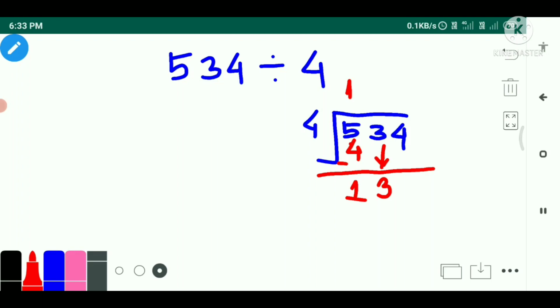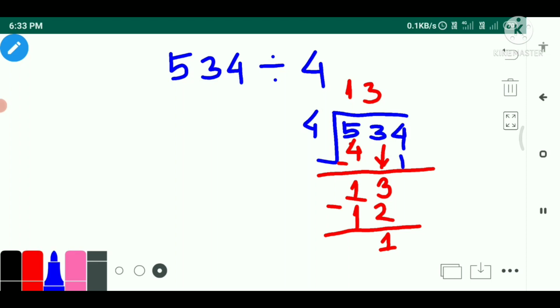So we'll take 4 threes are 12. Again we'll do subtraction. Here we'll get 1. Now this 4 comes down. So now we'll write 4. Every step one number will come down.